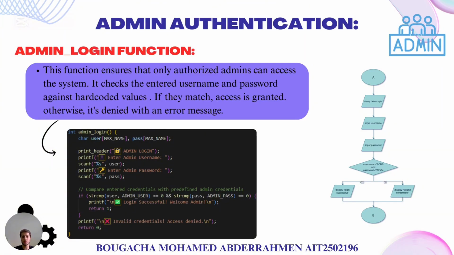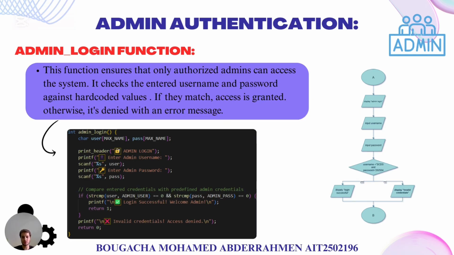First, let's begin with the admin login function. This function acts as the entry checkpoint for the admin. When it's called by the program, it prompts the admin to enter a username and password.